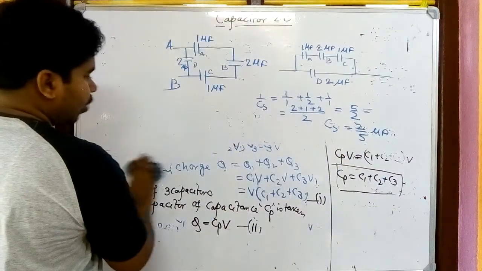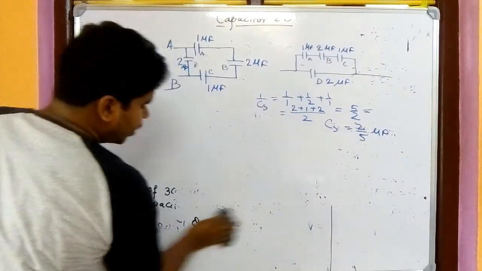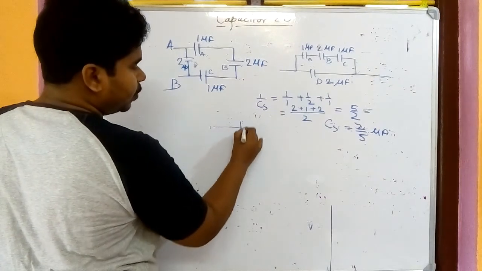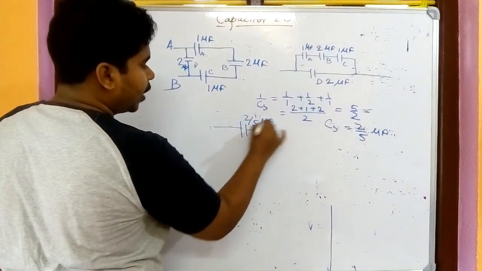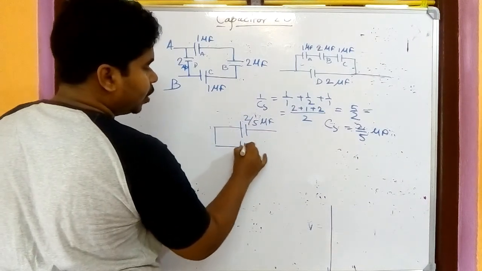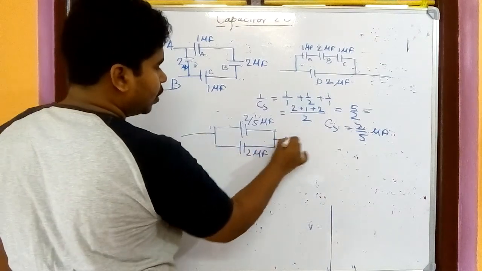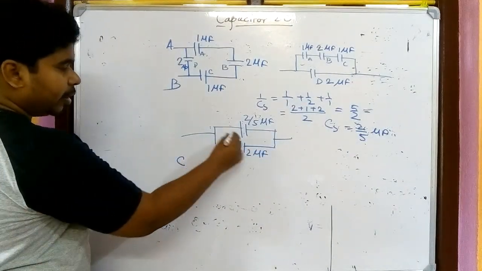So your diagram will be modified. Instead of taking 3 capacitances at the top, only 1 comes. It is 2 by 5 microfarad, and at the bottom it is 2 microfarad. Now they are connected in parallel.